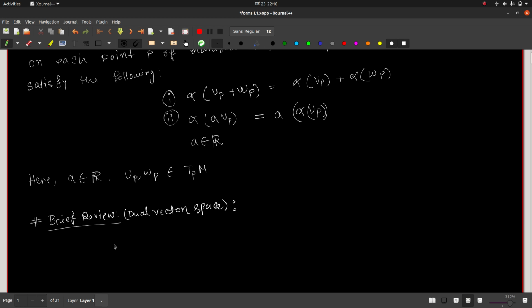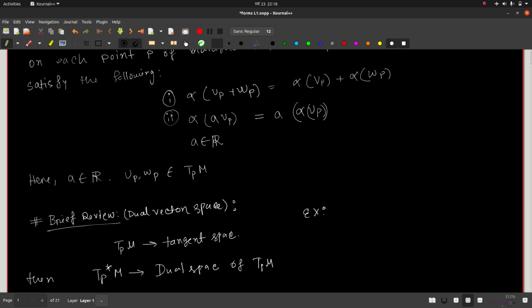That means, let's say you have a tangent space denoted by TP M. Then T star P of M is the dual space of TP M. A very simple heuristic example will be something like this. Let's say you have a vector v1 written as the column vector 1 2 3. So this belongs to TP of M. What is v superscript 1?